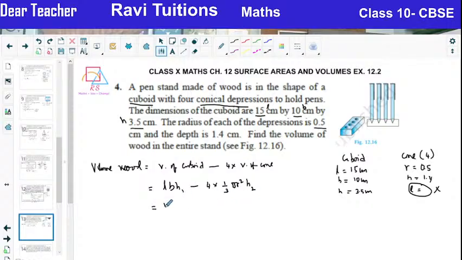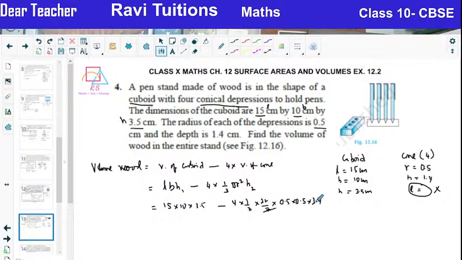So now 15 into 10 into 3.5 minus 4 into 1/3 into 22/7 into 0.5 into 0.5 into 1.4.